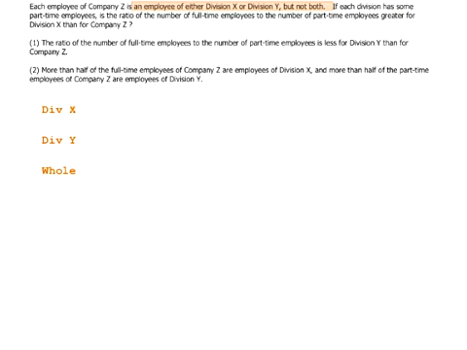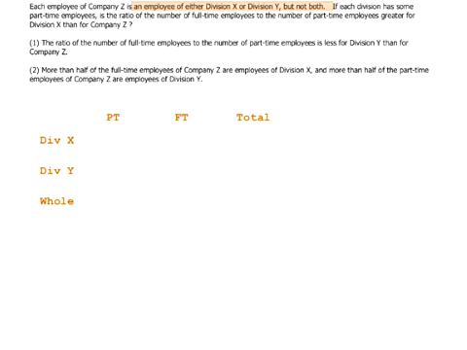Certain things are going to add, certain things are not, but we'll get there when we get there. And then we have part-time employees and full-time employees. Common sense says that you can't be both of those things, so that's how they divide up the employees. So part-time, full-time, total.